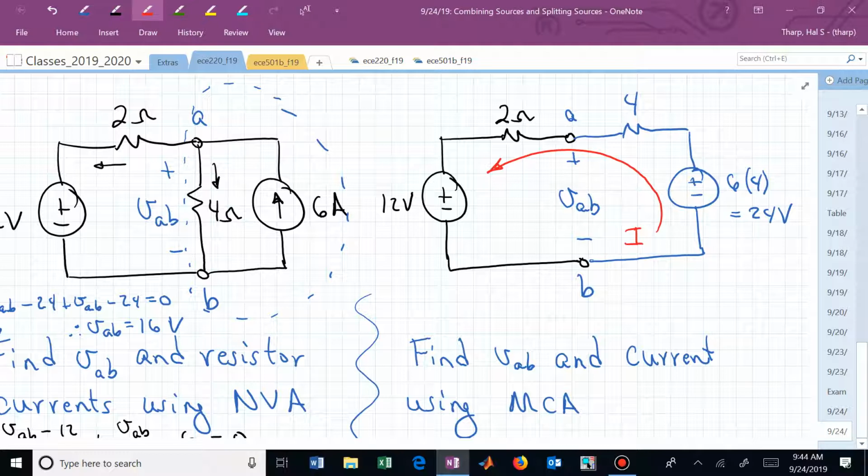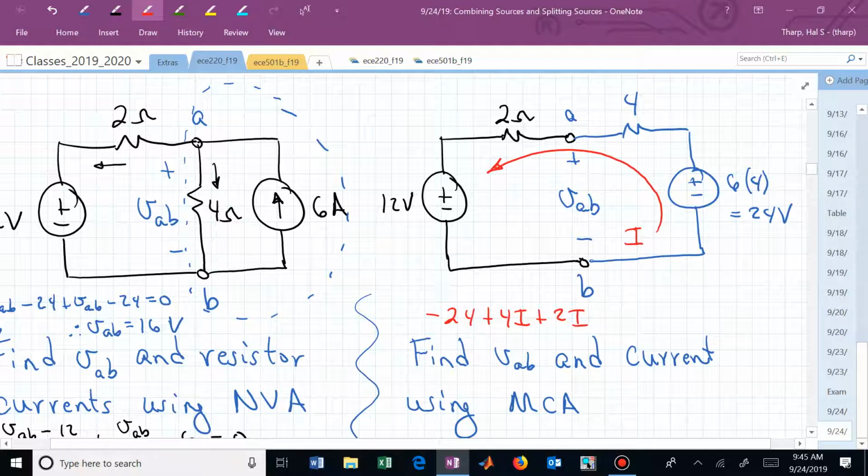We'd have minus 24 plus 4I plus 2I plus 12 equaling 0, or 6I is equal to 12, or I is equal to 2.